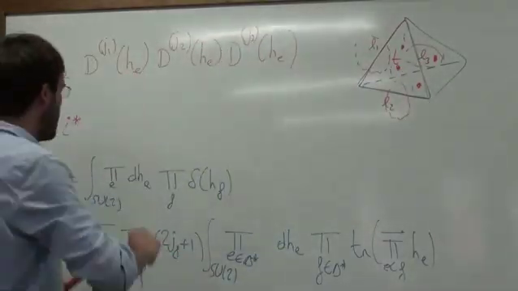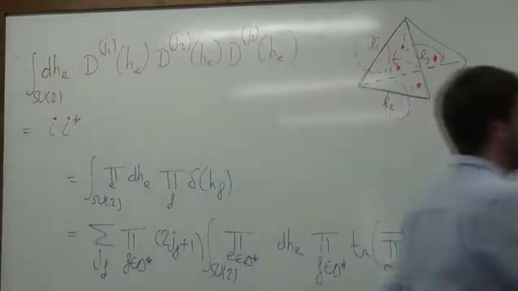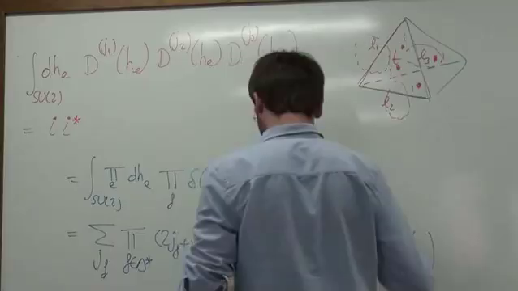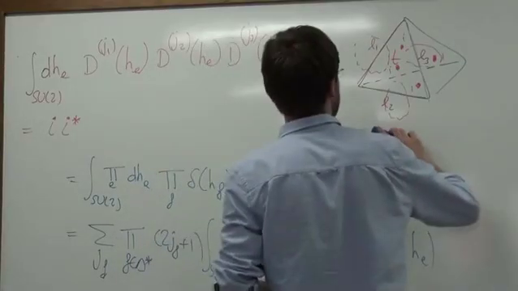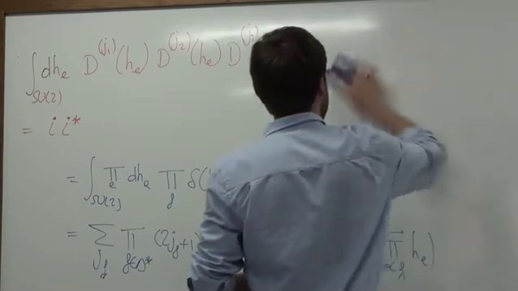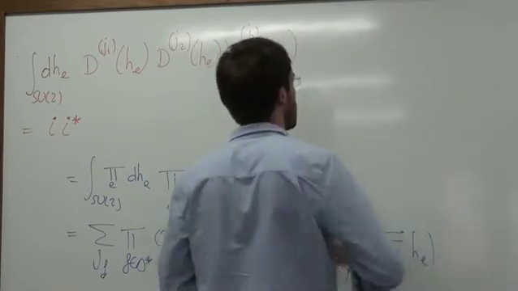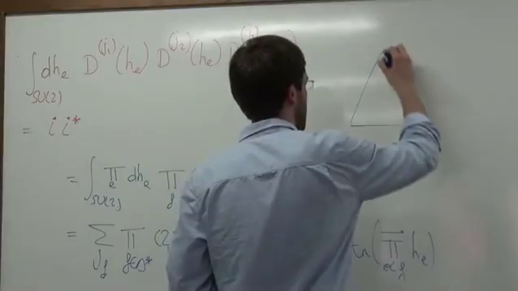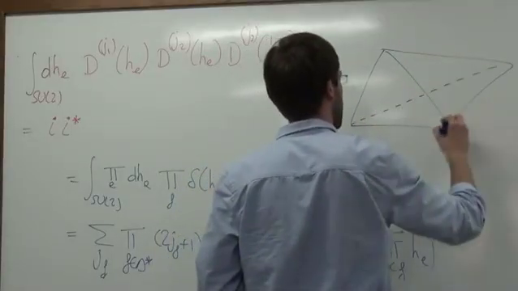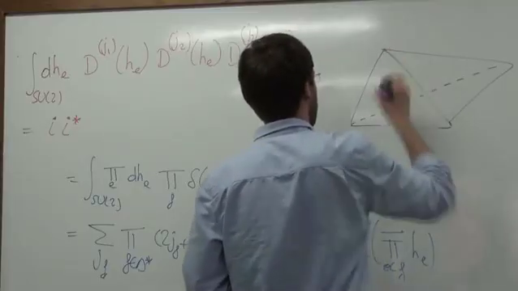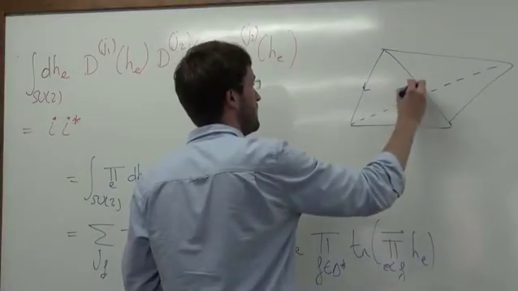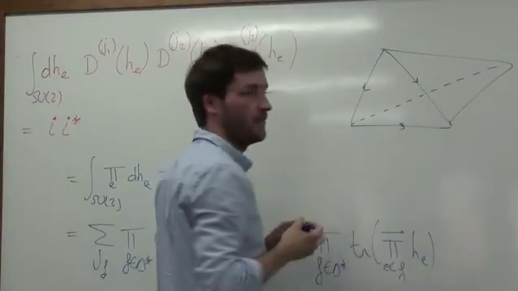But this looks maybe really weird, and you don't really see what happens, so let me write this again. I have this tetrahedron here. And you see that you have a certain group element here, here, and here.